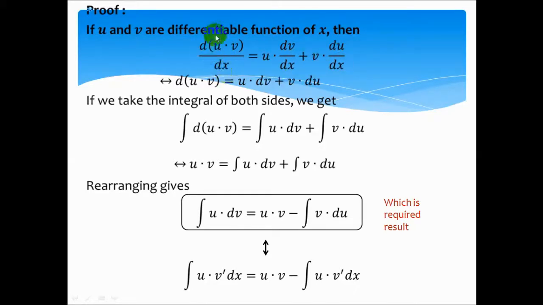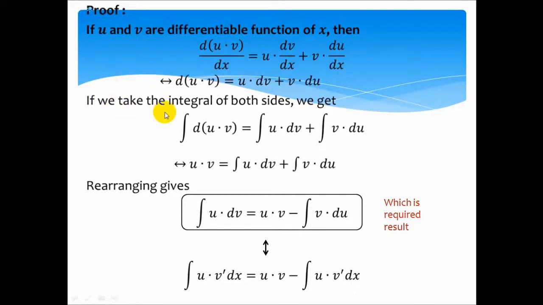And then we can multiply all of the parts by dx. So we get u times dv plus v times du, because dx cancels if we multiply by dx.